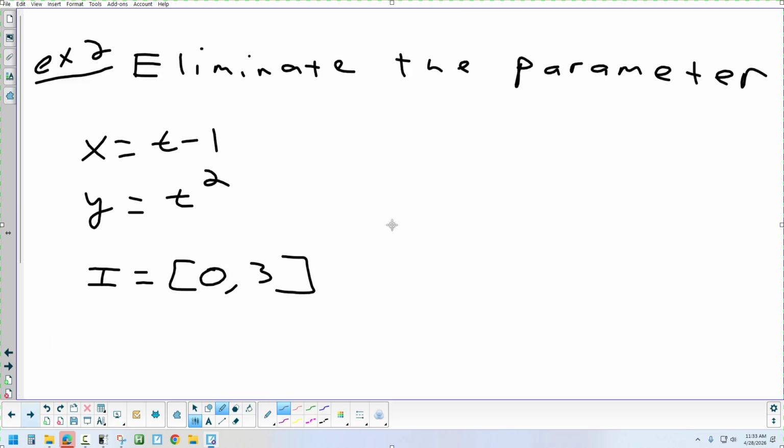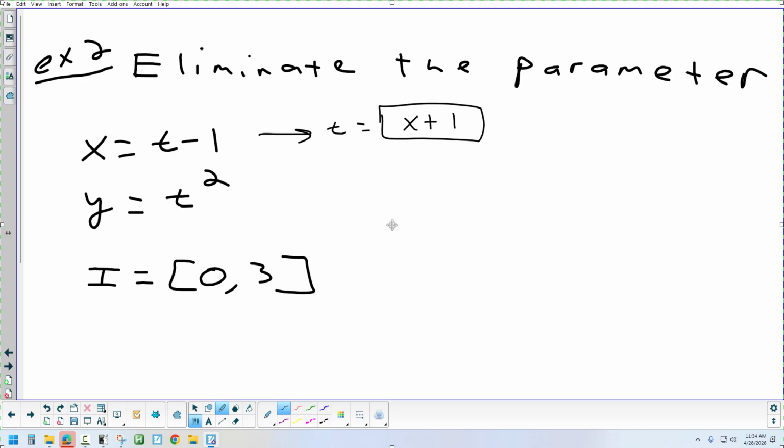Okay, let's try another one. Eliminate the parameter. What's the first step to eliminating the parameter? Isolate t in the x equation, and what would t come out to? T equals x plus 1. Yep. So that's step 1.